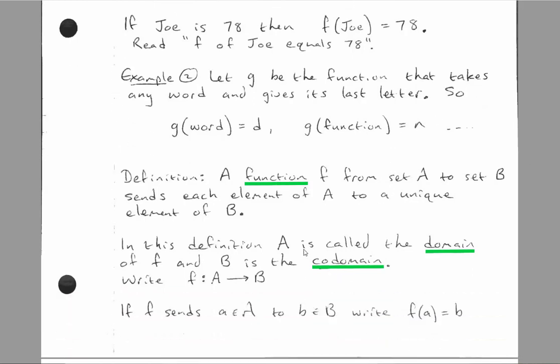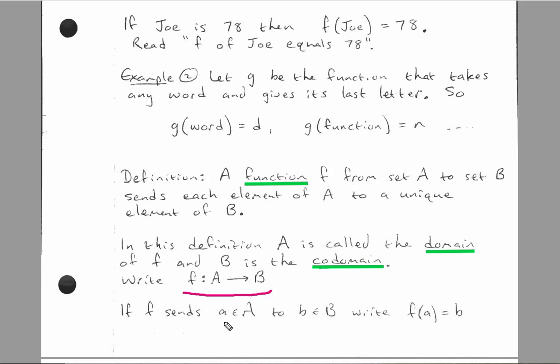And these two sets have names, so the first set is the domain of the function. The second set is called the codomain. And this notation means f is a function from the set A to the set B. So that's the general notation.